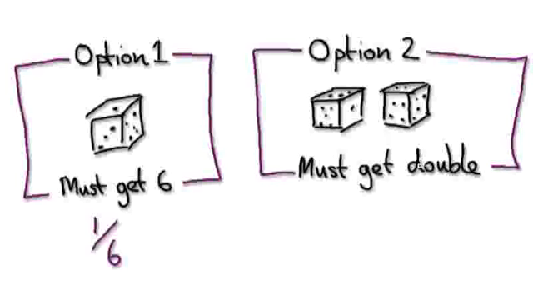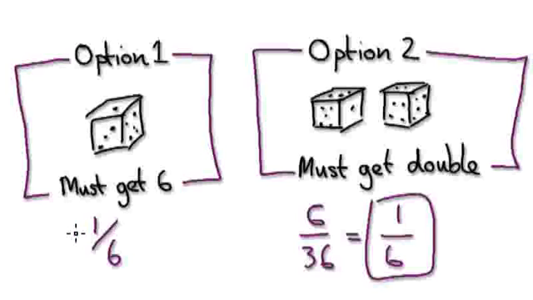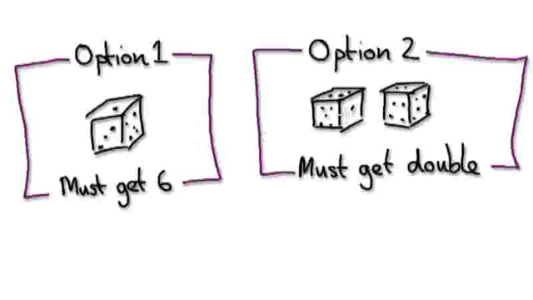The probability of you getting a double with two dice is 6 out of 36, which equals 1 over 6. These two are the same. So it doesn't matter. The probability would be the same. It doesn't matter if you take this option or this option. They're both the same.